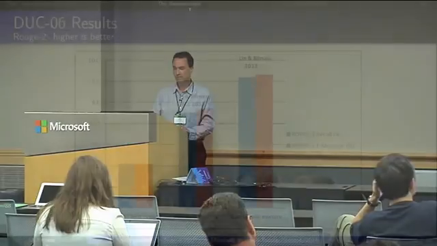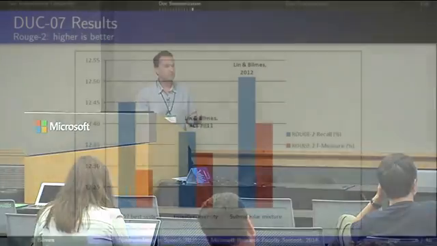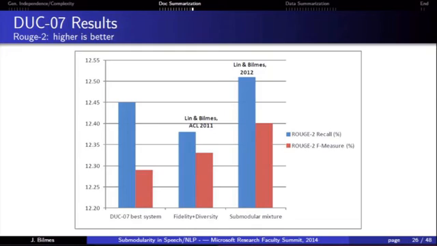So this is for DUC04, DUC05, DUC06, and DUC07. So this suggests that submodularity is quite natural for extractive document summarization, and perhaps one should, when pursuing extractive document summarization, see it as a submodular design problem.